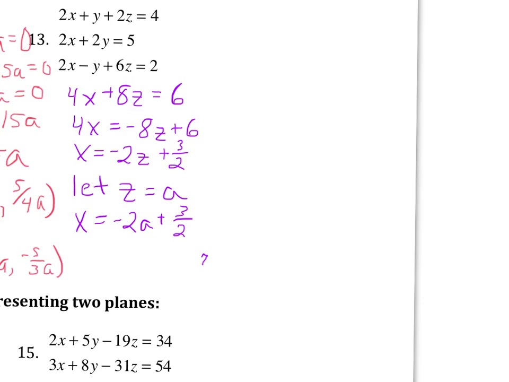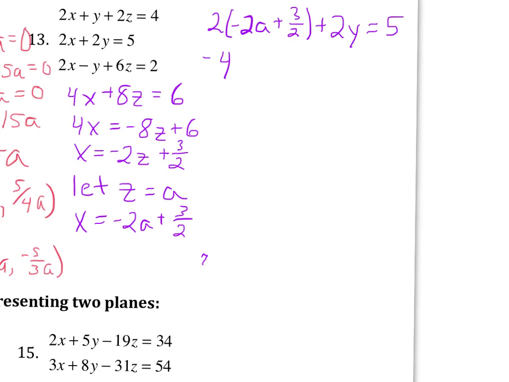And now I'm going to take those and plug it in. So I want to get y in terms of a. So I'm going to plug the x into the second equation. So I have negative 2a plus 3/2 plus 2y equals 5.